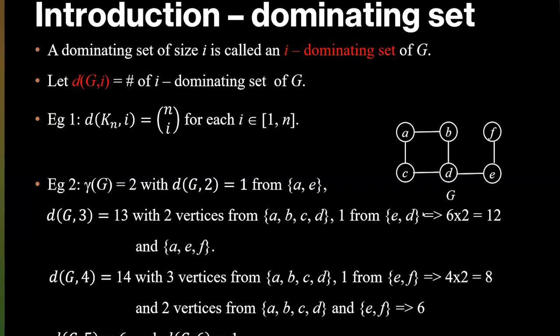You can see here gamma is 2 because there is a dominating set of size 2 given by the vertices A and E. And in a similar way, you can easily find there are 13 dominating sets of size 3, and there are 14 dominating sets of size 4, and 6 dominating sets of size 5, and only 1 dominating set of size 6.